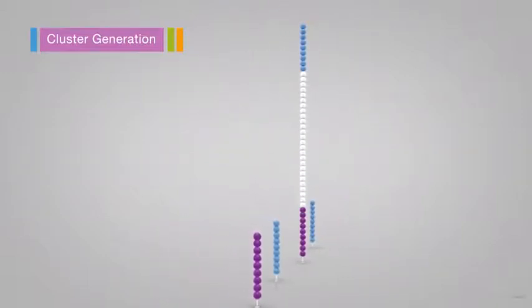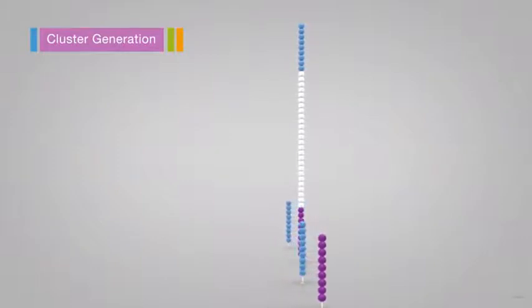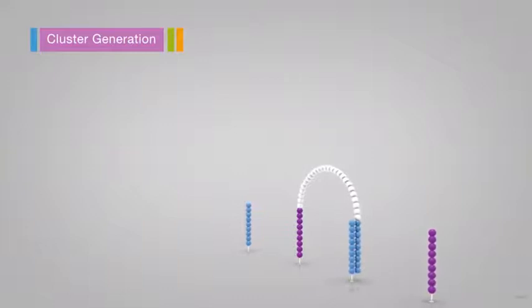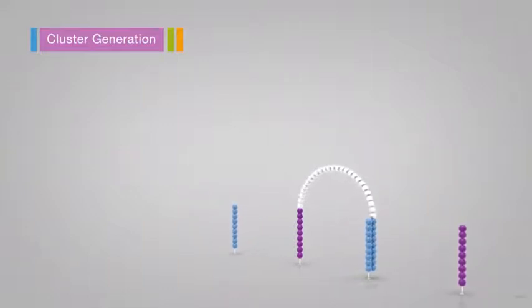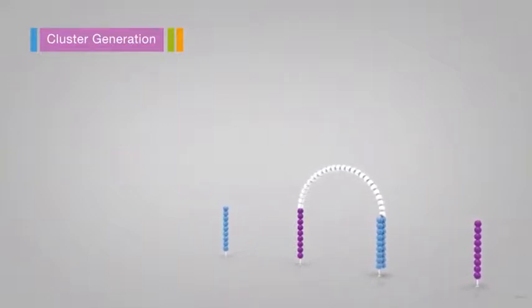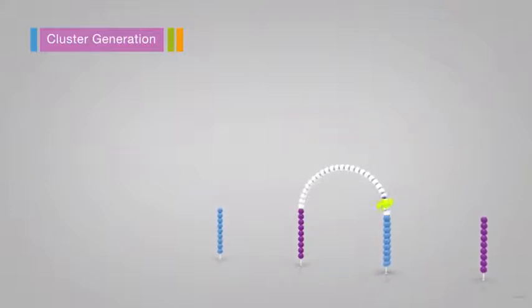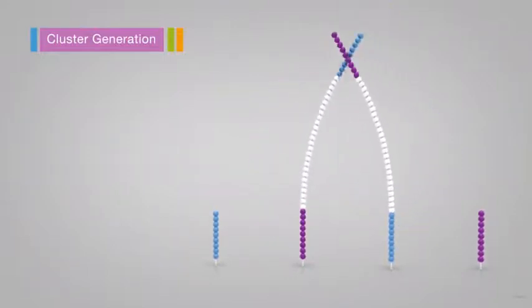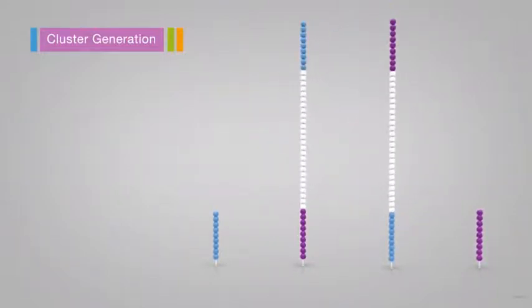The strands are clonally amplified through bridge amplification. In this process, the strand folds over and the adapter region hybridizes to the second type of oligo on the flow cell. Polymerases generate the complementary strand, forming a double-stranded bridge. This bridge is denatured, resulting in 2 single-stranded copies of the molecule that are tethered to the flow cell.